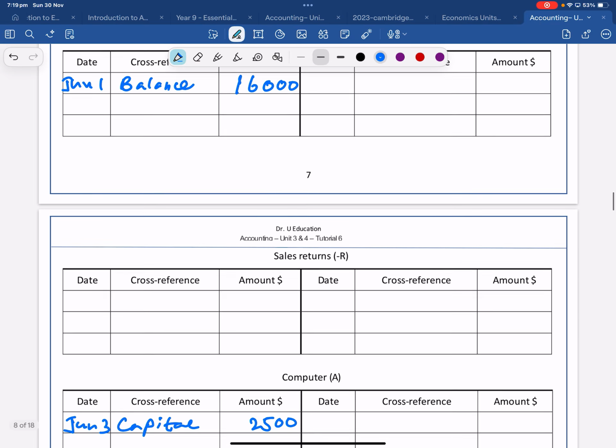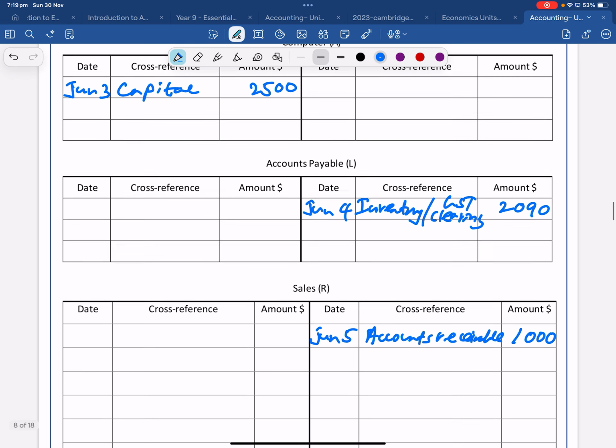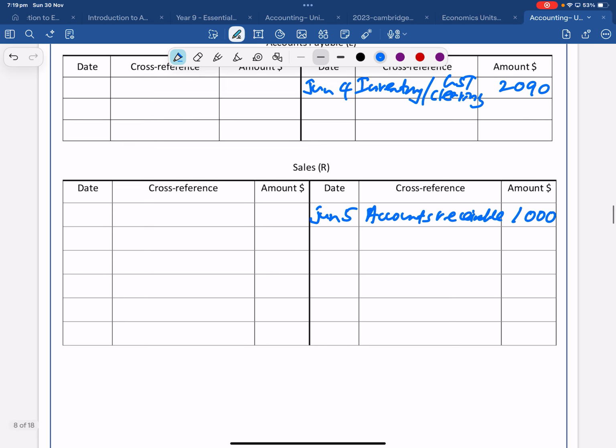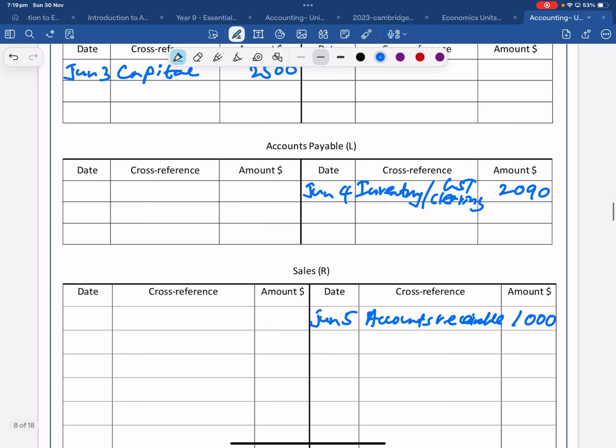Where do we record it? Where is accounts payable? Accounts payable will be debited 550, saying what? Inventory and GST clearing.